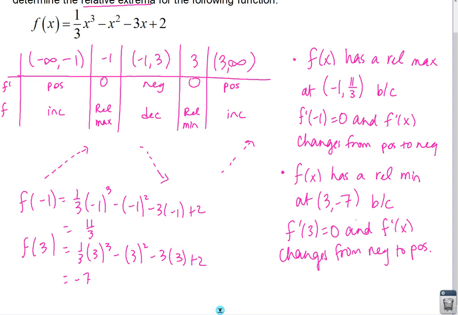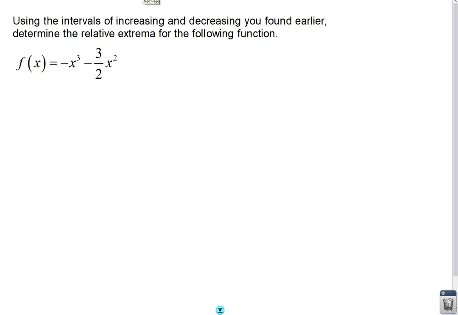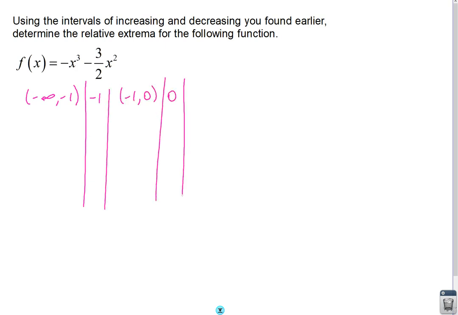Let's clarify some more on the next one. Okay, so again, going back to the second problem we did earlier today, let's look at those intervals again one more time. So we had from -infinity to -1, then -1, then from -1 to 0, 0, and then 0 to infinity. Okay, this is looking at the derivative.